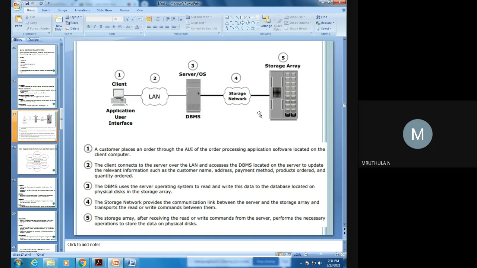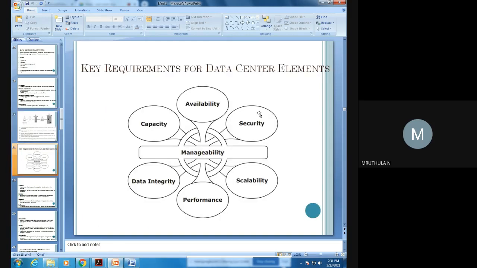Okay, and next is the key requirements for data center elements. There are seven: availability, security, scalability, performance, integrity, capacity, manageability. A data center's operations should take place in a smooth way.